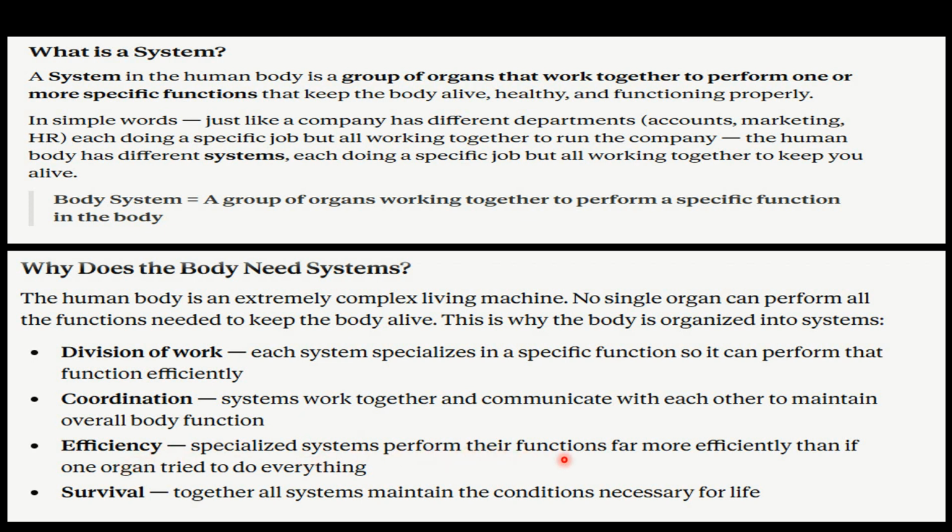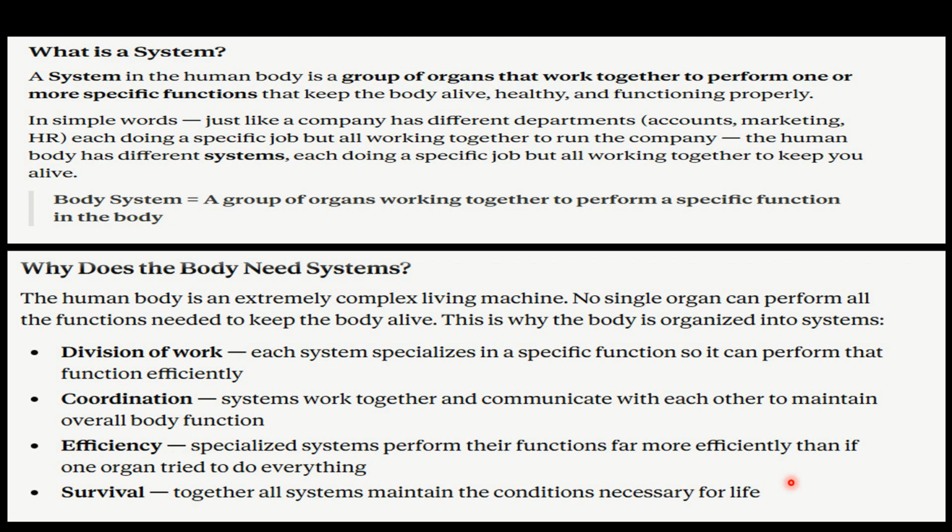Specialized systems perform their functions far more efficiently than one organ trying to do everything. If only one organ tried to do everything, it would fail, right? That's why in a proper human body system, efficiency is enhanced. Next is survival. Together all systems maintain the coordination necessary for life. If everything is working in sync, the body can survive.